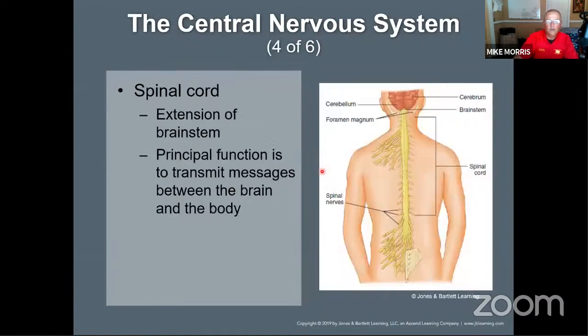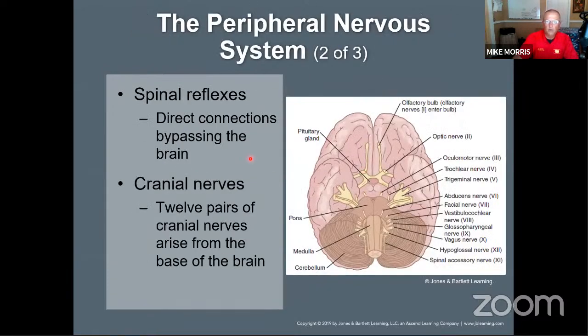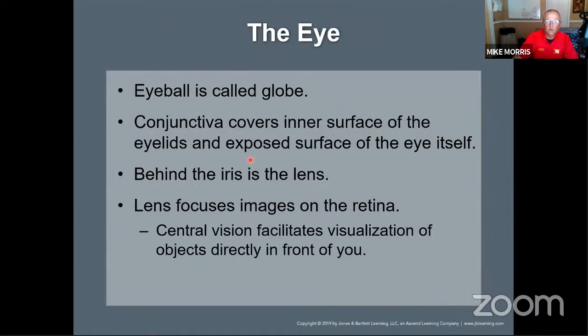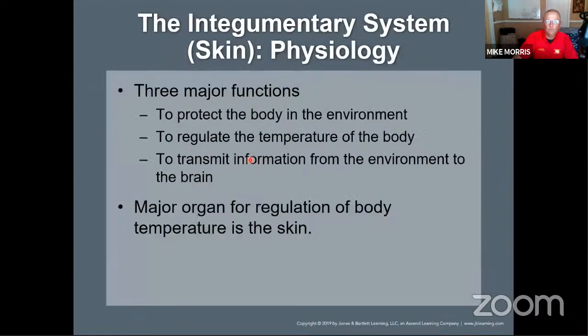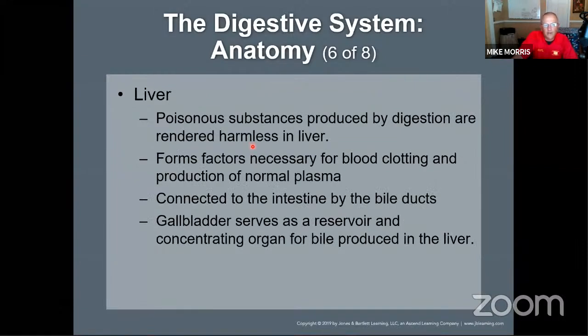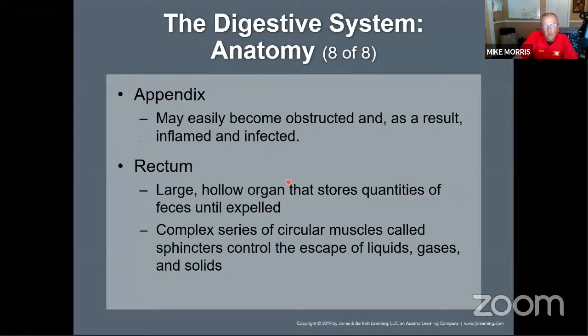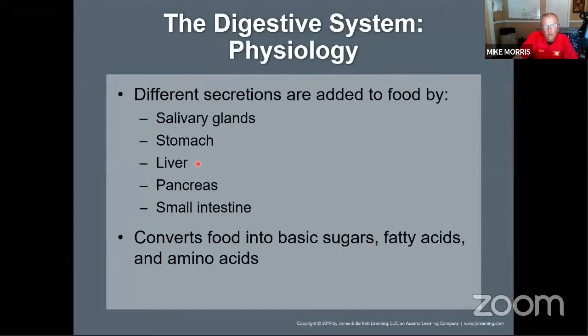We'll talk more about the central nervous system. We know what we need to know already about the skin. We'll talk about the pancreas and the Islets of Langerhans.